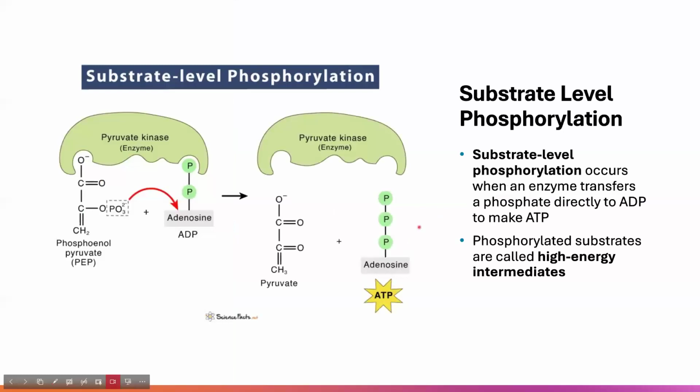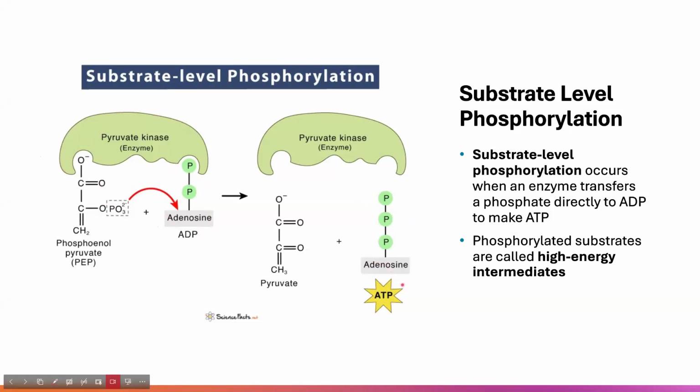Now, there's also something known as substrate level phosphorylation. At substrate level phosphorylation, you're going to have an enzyme that actually transfers the phosphate from some sort of molecule directly onto your ADP to make ATP. So in glycolysis, for example, we can transfer the phosphate from phosphoenolpyruvate onto ADP to make ATP.